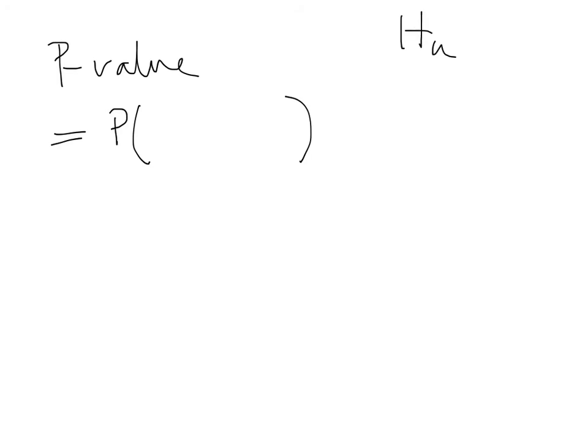Now, the p-value. The p-value is a probability, and you know from your lesson notes that your alternative was with the greater than sign, pi greater than 0.7. Since it is the greater than sign, here it will be greater than sign.